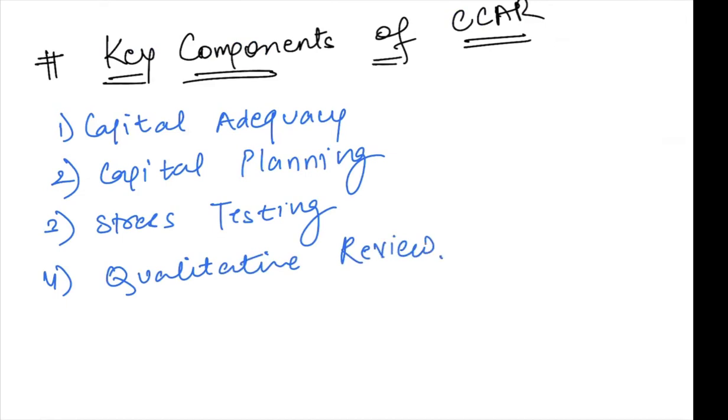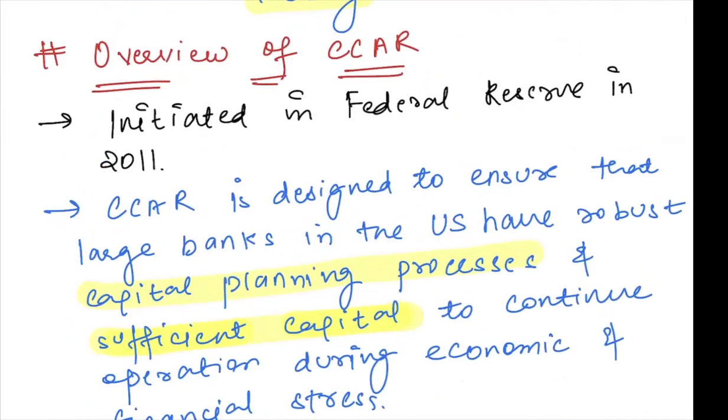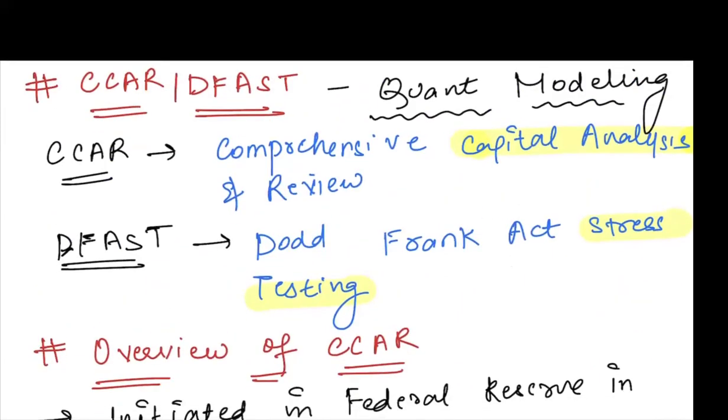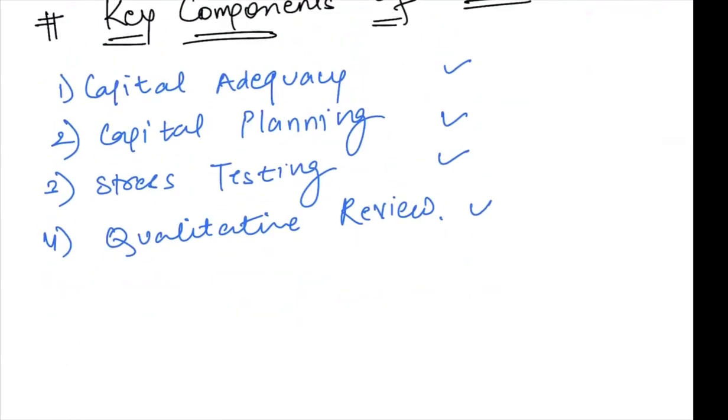So when I say components of CCAR, basically you need to perform each of them to complete your CCAR, to complete the comprehensive capital analysis and review. Okay. So let's understand each of them.